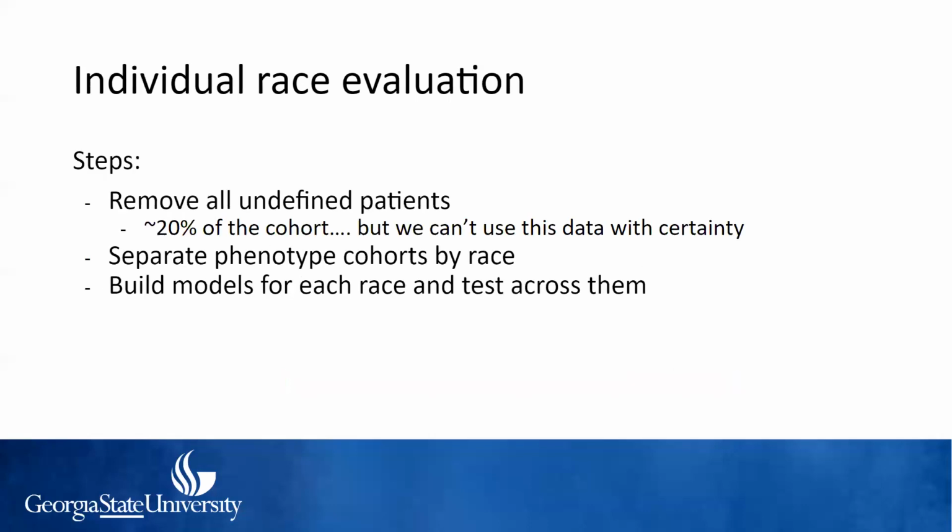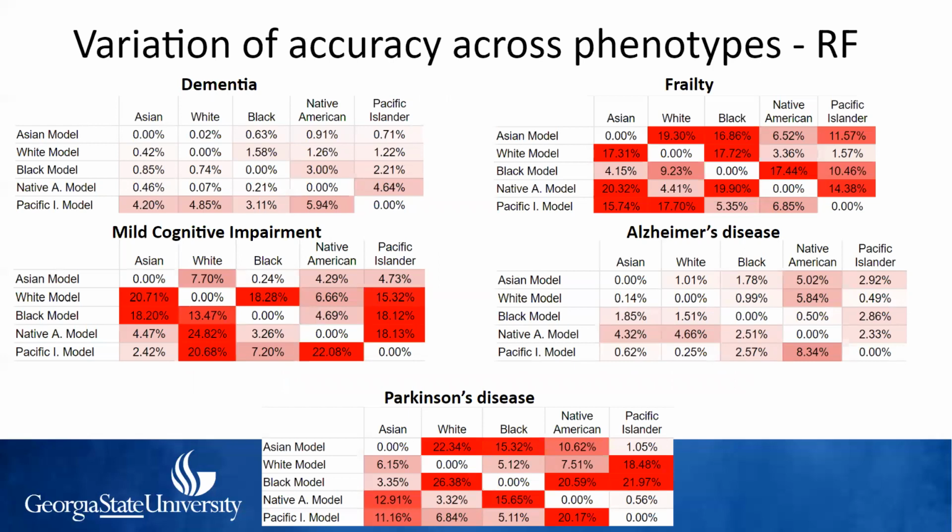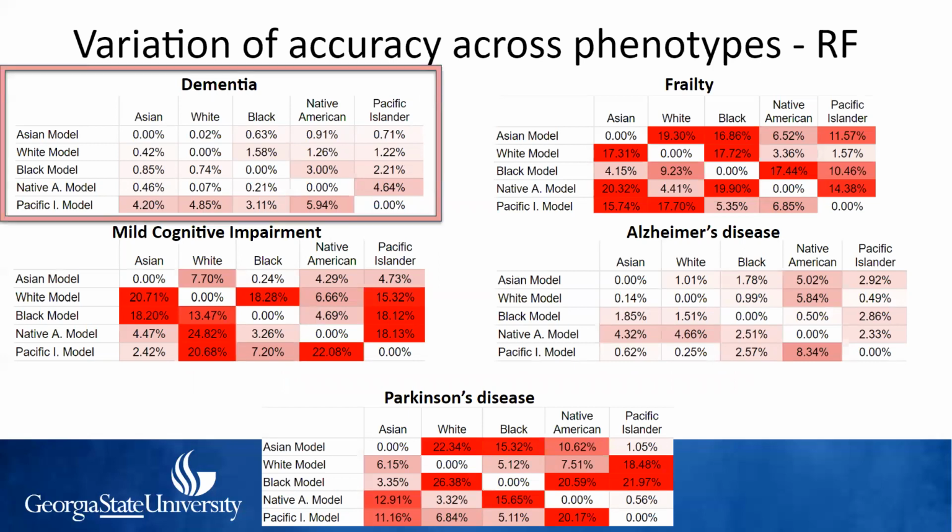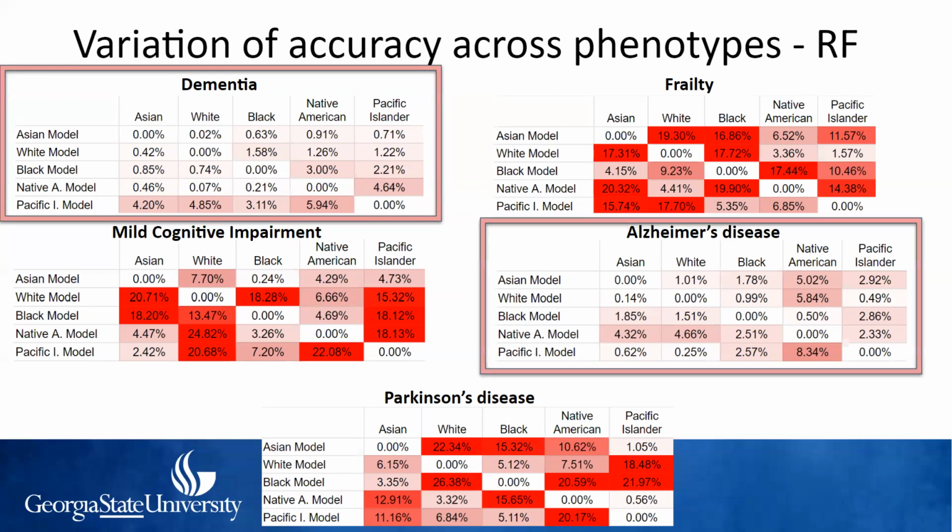For the individual separation, the steps we did were that we removed all undefined patients. It's a good chunk of the data, but we can't evaluate them correctly. Then we separate the phenotype cohorts by race, and we build models on each race. If you notice here, for dementia and Alzheimer's disease, we have 2 very clear differences, right?